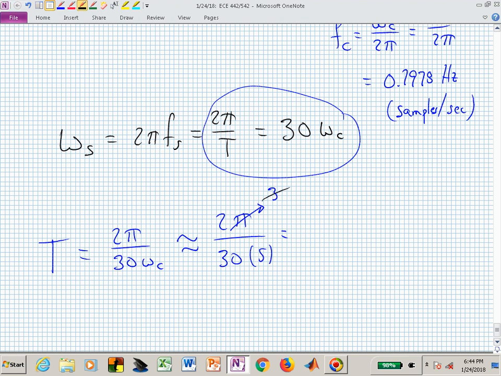So that now I have 3 and 30, I have 1/10. I have 2 over 10 times 5, or 2 over 50, or 4 over 100, or this is now my 0.04.